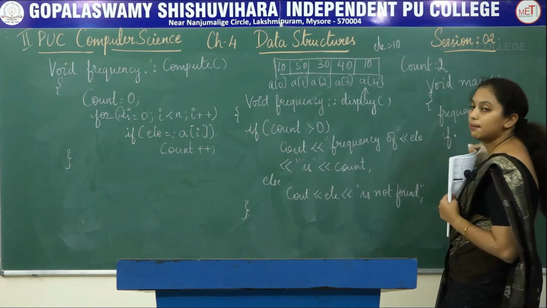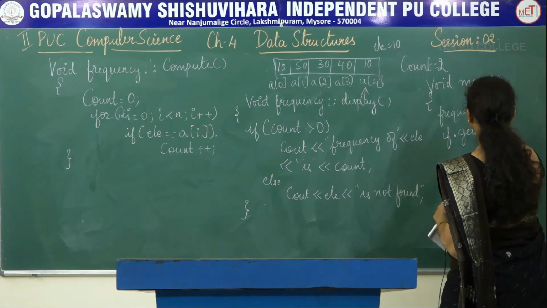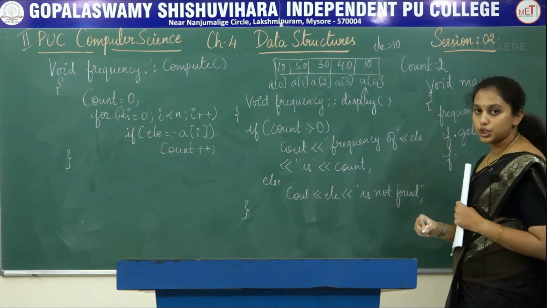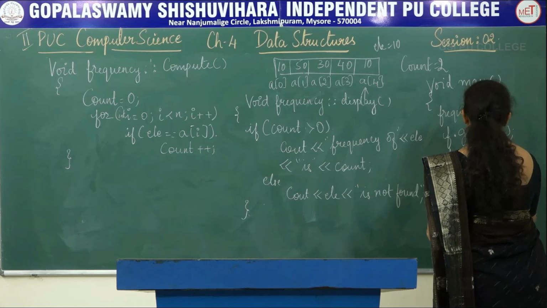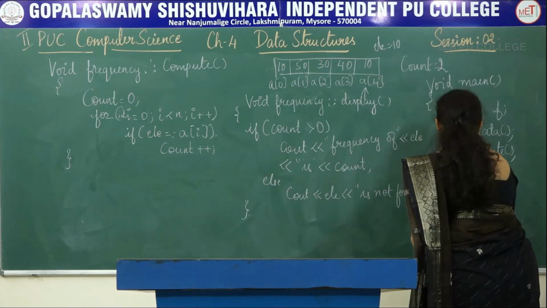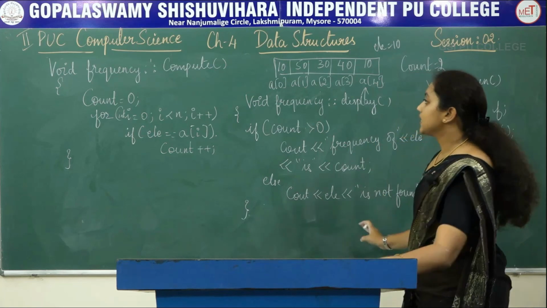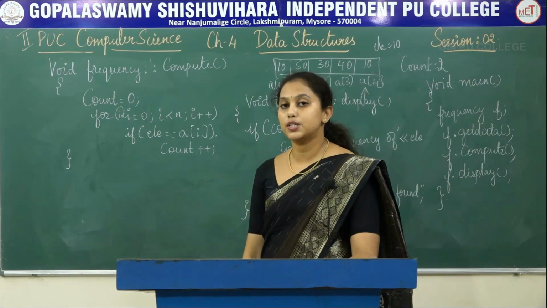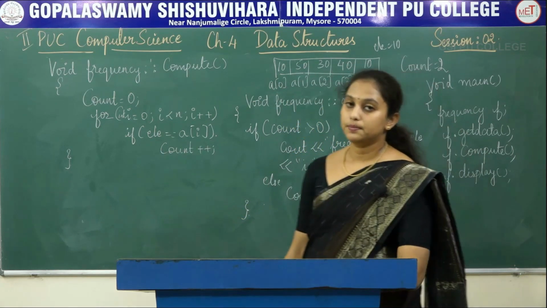The first member function is f.getdata, the second function is f.compute, and the third function is f.display. So this is our program to find the frequency of presence of an element in an array. Thank you.